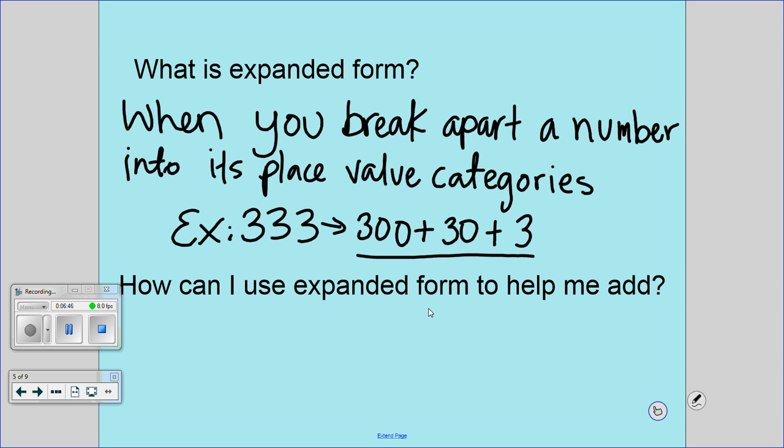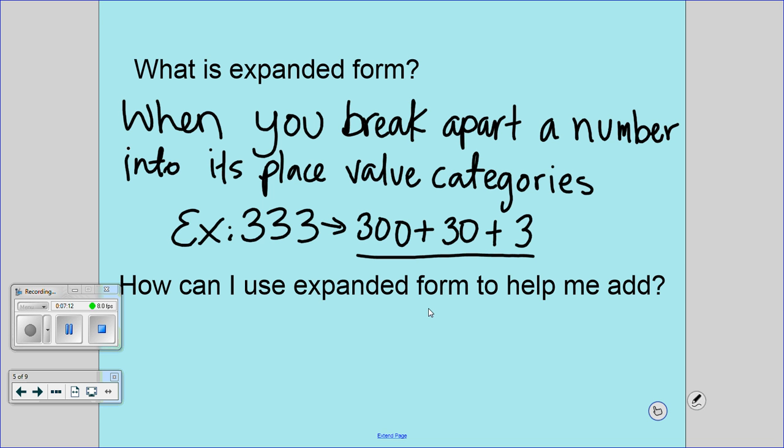A lot of times when people jump right into that algorithm with all the tricks, they don't know where the numbers come from. So this way, by doing expanded form and seeing my numbers like this, I can see what all my numbers are doing. So then when I get learning the shortcut way, the standard algorithm way, I know exactly what my numbers are doing. Does that make sense?